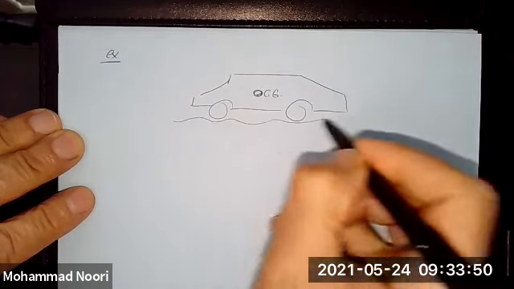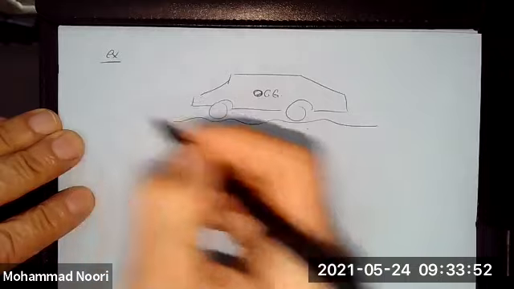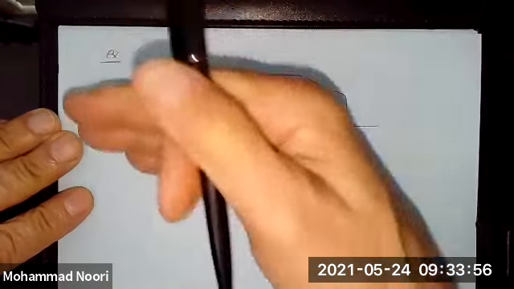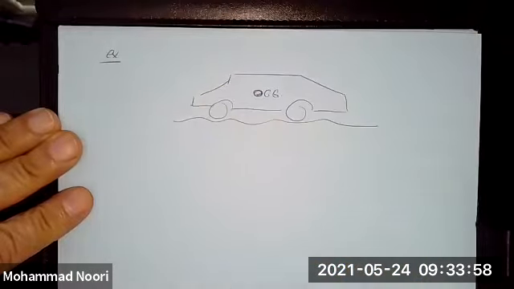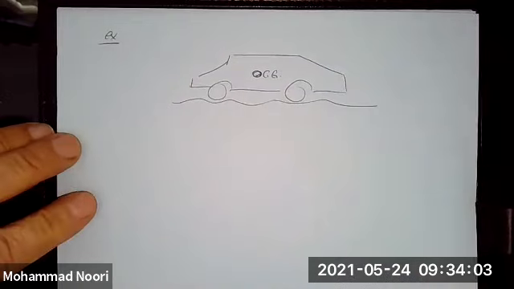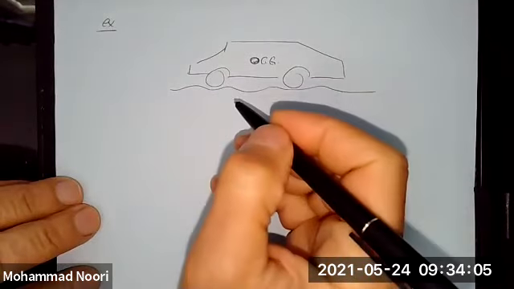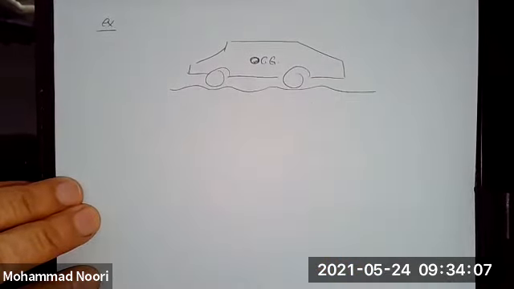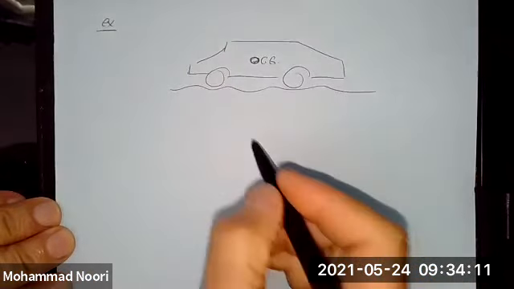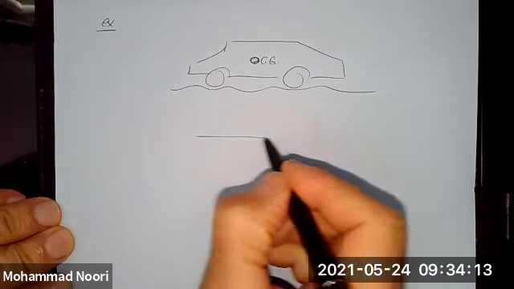So this car is traveling on a terrain and moving up and down and also rotating. The easiest and the most basic model that is used for modeling a car as a 2 degree of freedom system is this simple model.